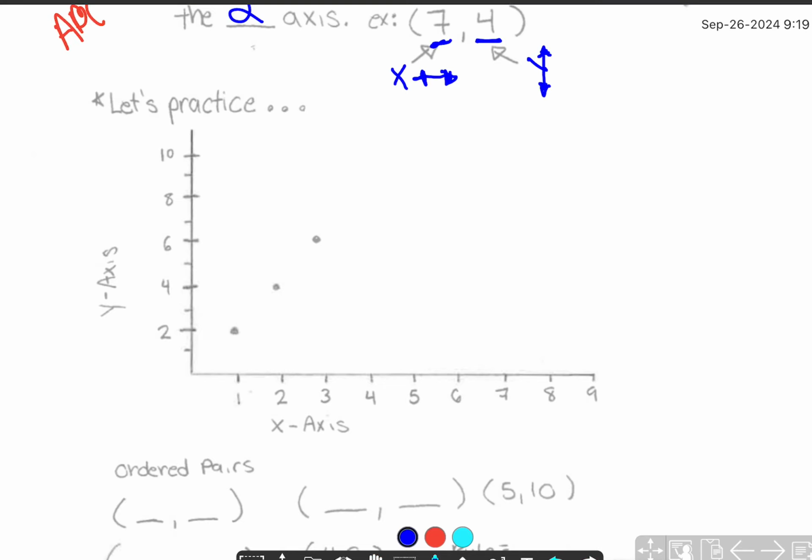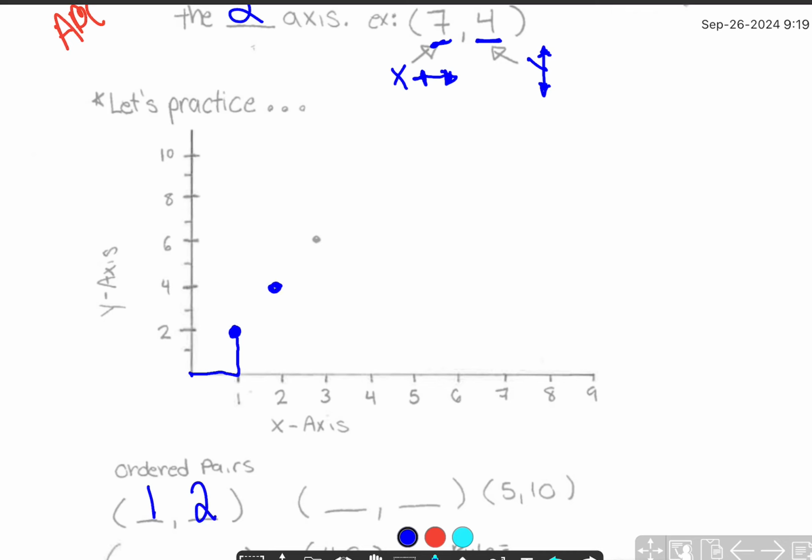Now, this point right here, to get there, you have to go over 1 and go up 2. See how it's at the 1 on the x and a 2 on the y? So its ordered pair is (1, 2) because I had to go over 1 and up 2.